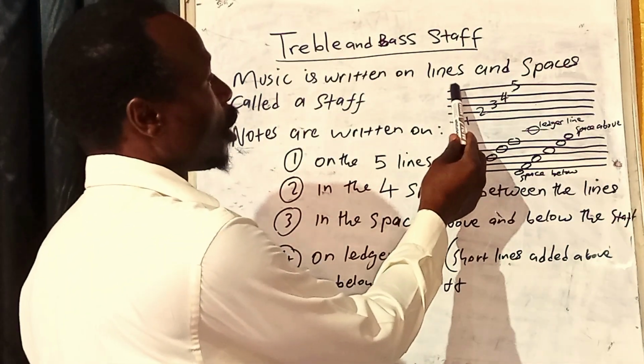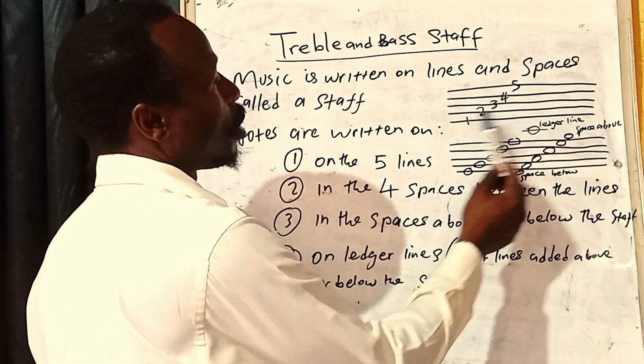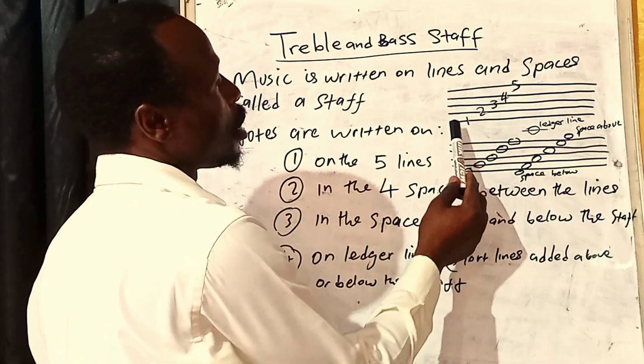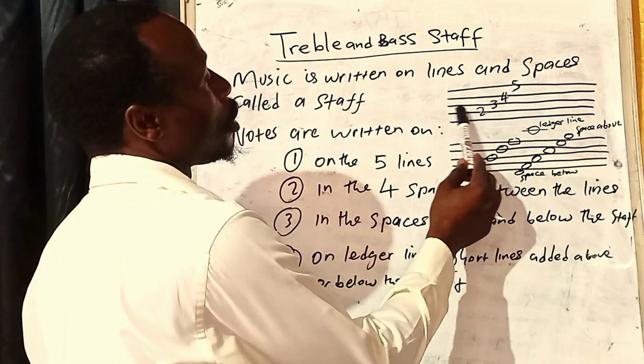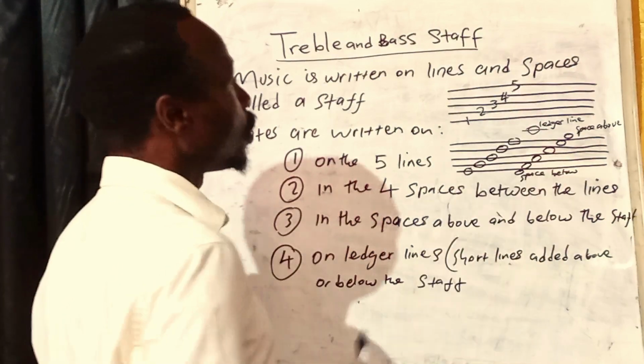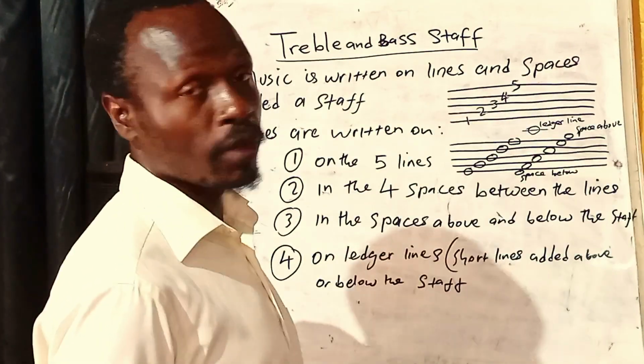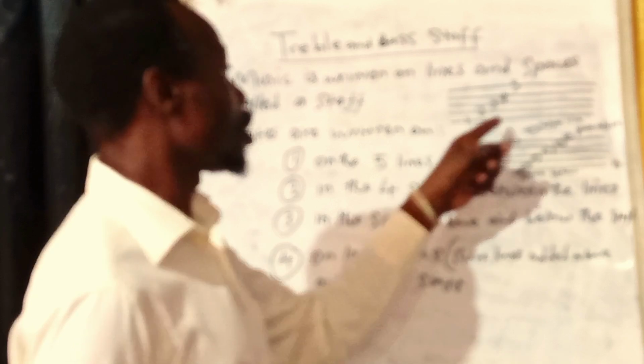You can see I've tried to draw the staff here. These are the lines: line 1, line 2, line 3, line 4, and line 5. So this is called the staff.